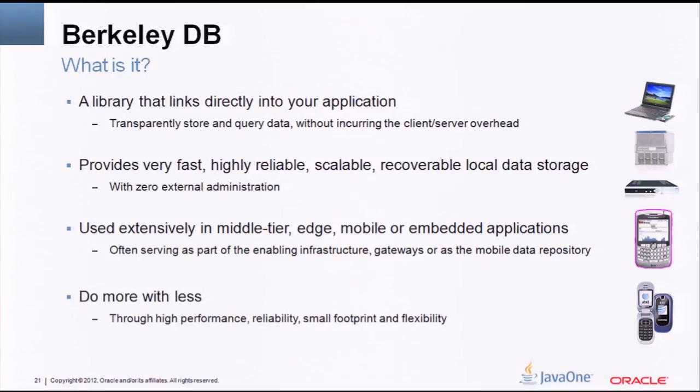The overall goal of this database is to allow you to do more with less. So Berkeley DB has been designed to provide you with the fundamental features that you need to manage your data, but it's sort of a no-frills database. It allows you to capture and manage huge amounts of data, but typically for a single purpose. And that's what makes it very well suited to embedded or M2M networks.